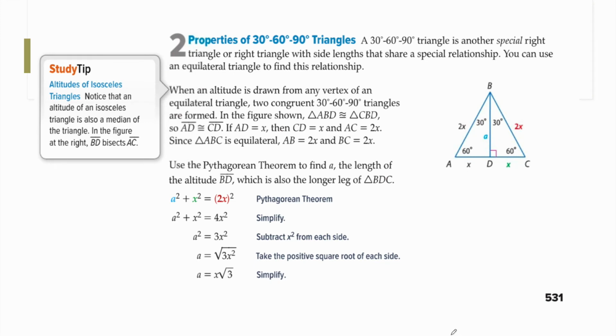Now, before we come to the main concept here, I want us to talk about the 30, 60, 90 degrees triangle. This one did not start with a square, but it started with an equilateral triangle. And what do we know about the length of an equilateral triangle?